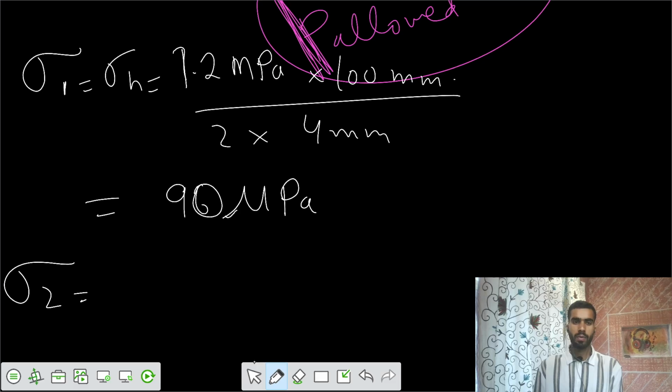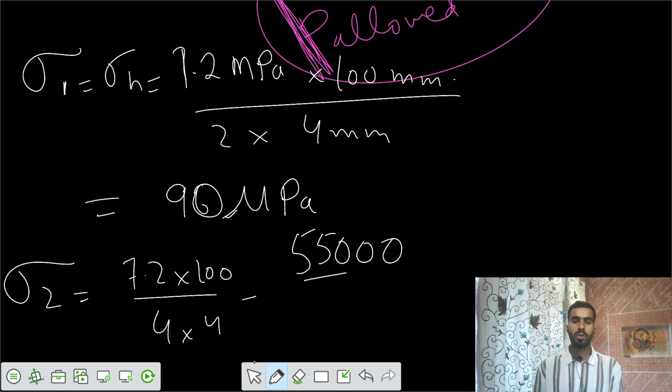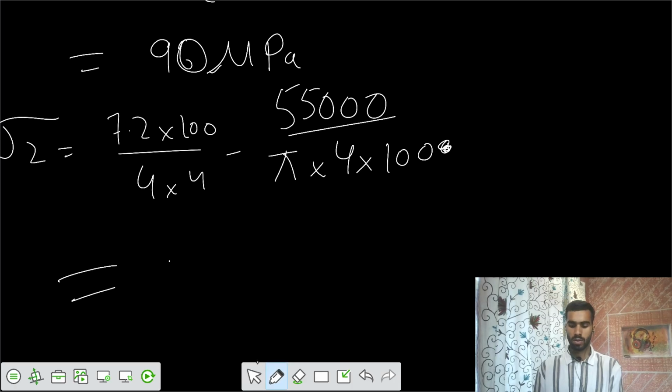And sigma 2 is PD by 4T minus the load of 55000 divided by pi times D into T, where diameter was 100. So I get sigma 2 equals 1.23 megapascal.